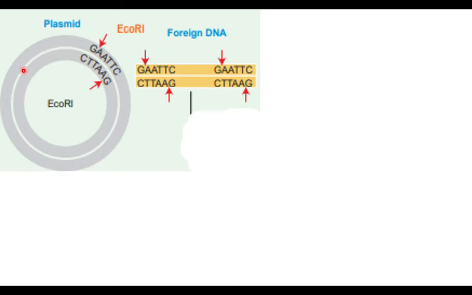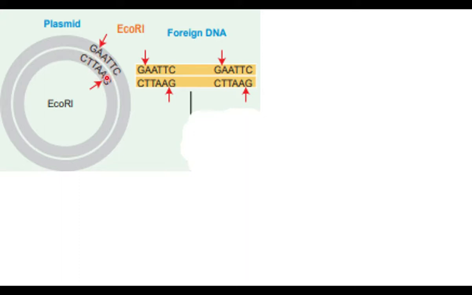This is a vector or cloning vehicle. It has a place for the insertion of foreign DNA. This is foreign DNA. This plasmid has space for the insertion of foreign DNA. Which place? This is the place.